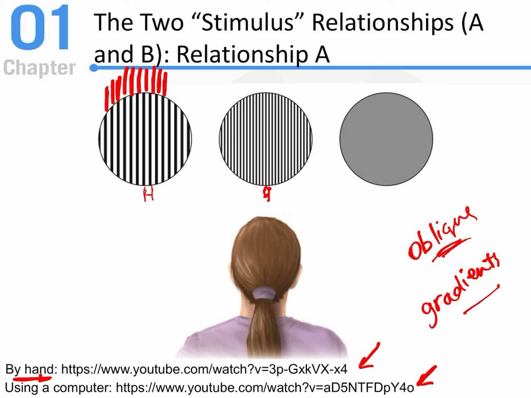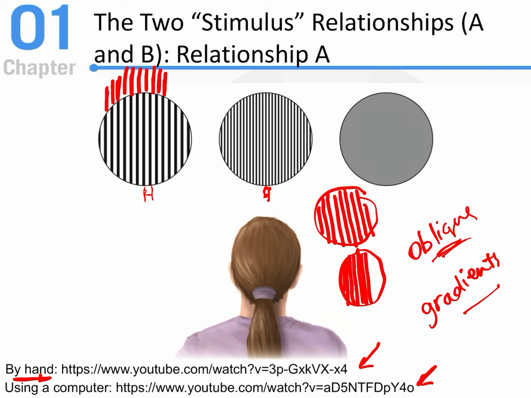To show people different gradients, we show them different spacings to see at what point you can no longer tell that there is a space between these lines. Eventually you're going to get to a colored-in version of your light. I can't tell that there are any lines here. It just looks like a colored circle.